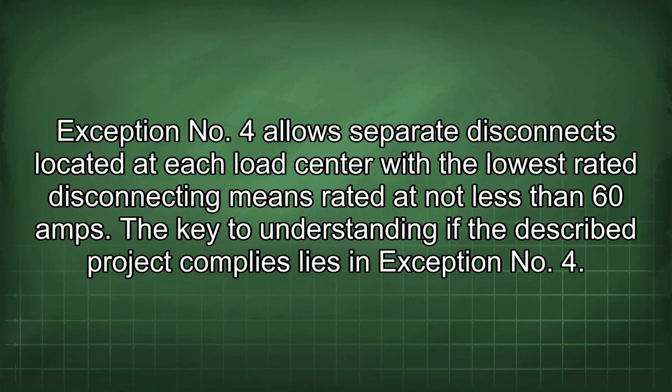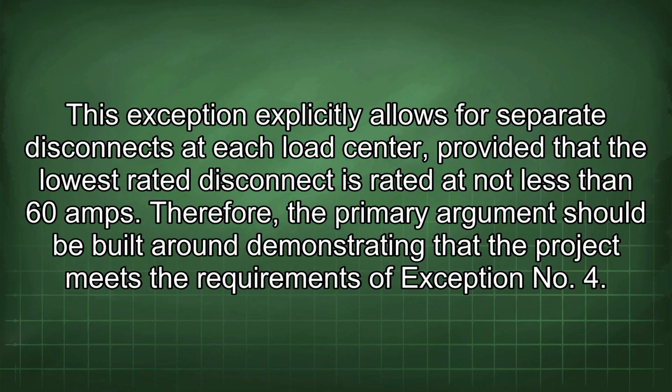The key to understanding if the described project complies lies in Exception No. 4. This exception explicitly allows for separate disconnects at each load center, provided that the lowest rated disconnect is rated at not less than 60 amps. Therefore, the primary argument should be built around demonstrating that the project meets the requirements of Exception No. 4.